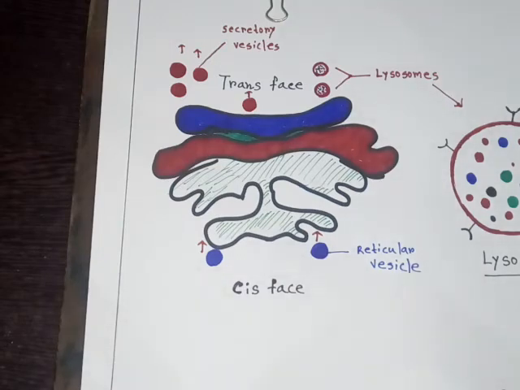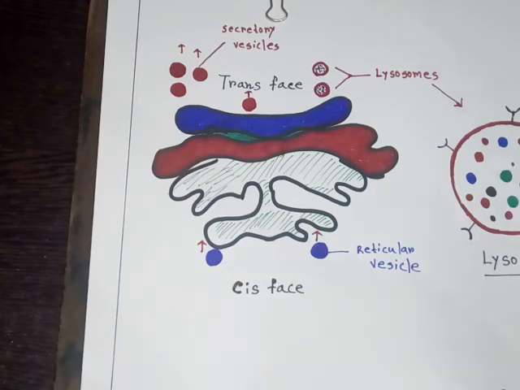Where it is to be supplied means, if the protein is to be supplied to the mitochondria, then there is a specific sequence known as the mitochondria localized sequence. There are some other types of sequences as well. Okay, so they are labeled.